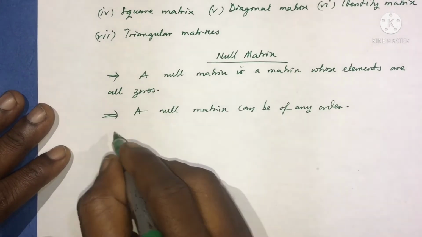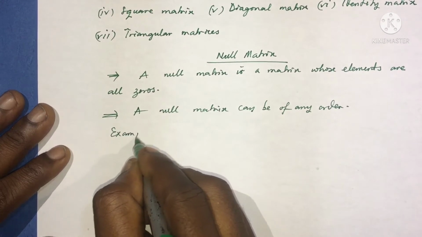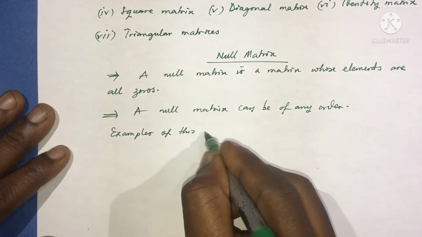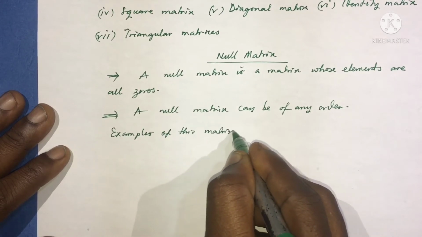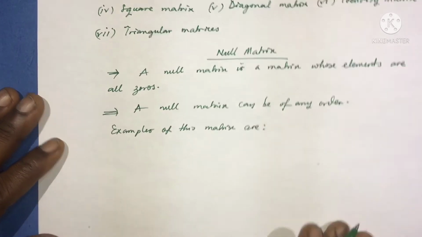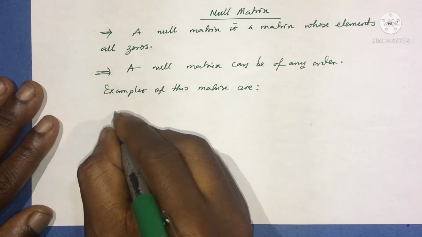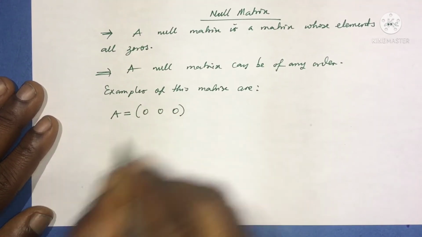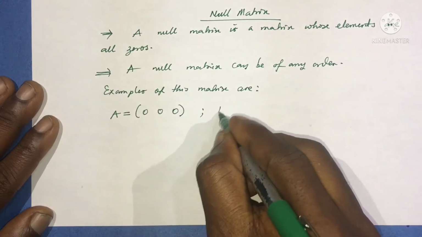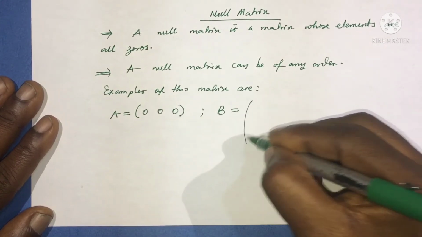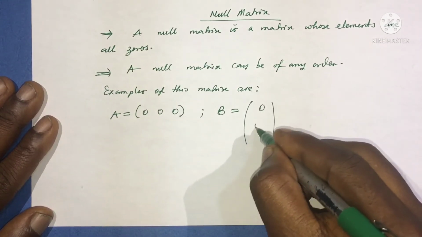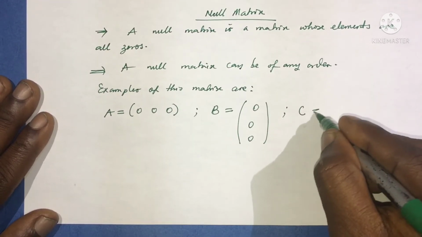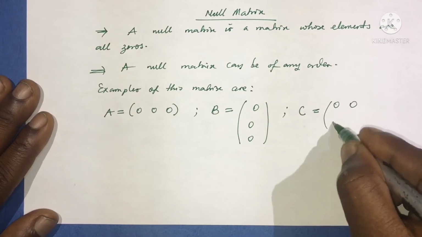So examples of this matrix are, I could write a matrix A, 0, 0, 0. This would be a null matrix. B, I could write a matrix 0, 0, 0. This will be a null matrix. I could write a matrix 0, 0, 0, 0.